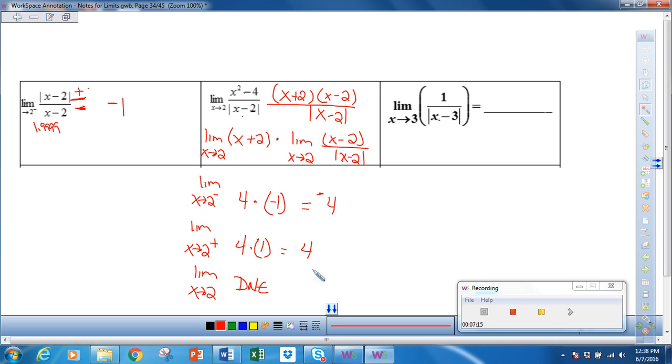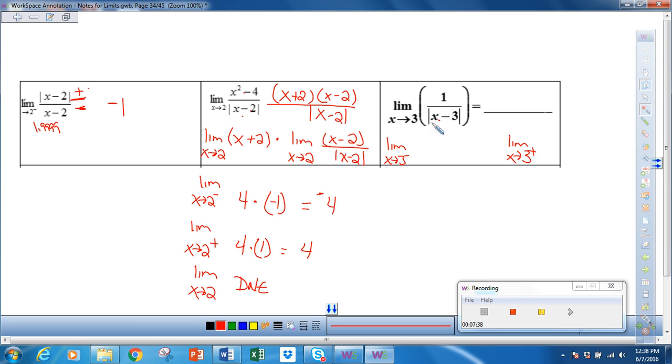Now this one brings us to what we're going to discuss in video 5. Basically, I have the absolute value, and because I'm taking the limit as x approaches 3, I have to look at the limit as x approaches 3 from the left and the limit as x approaches 3 from the right.